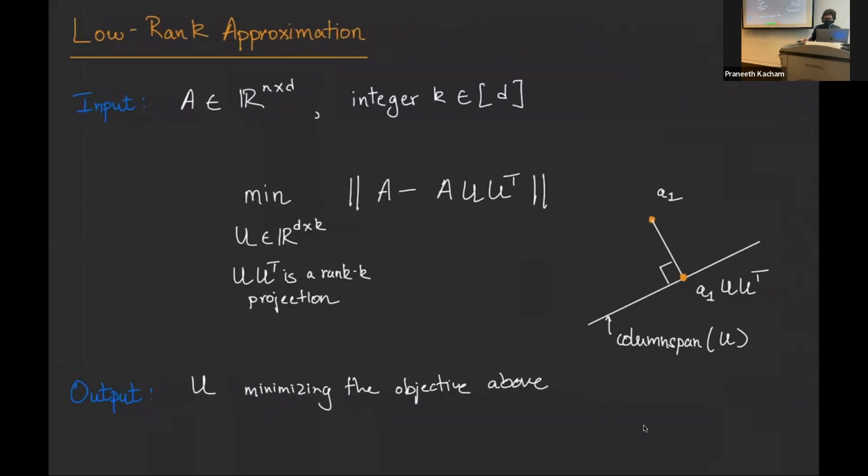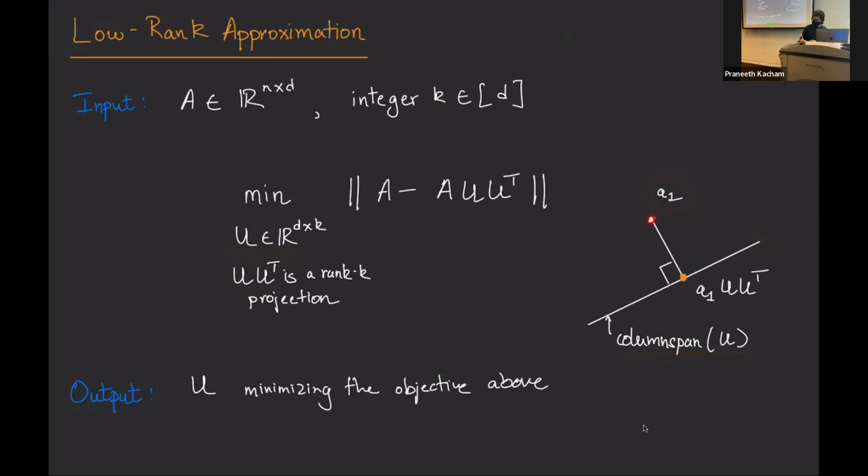So let me give you a picture to keep in mind for what this projection matrix is actually doing. We can write the problem as the following optimization program, where we're minimizing over all d by k matrices U such that U transpose is actually a projection matrix. What this projection matrix is doing is taking, let's say, the first row of A, let's call it A1, and projecting it onto the column span of U. In this example, the column span of U is this one-dimensional vector.